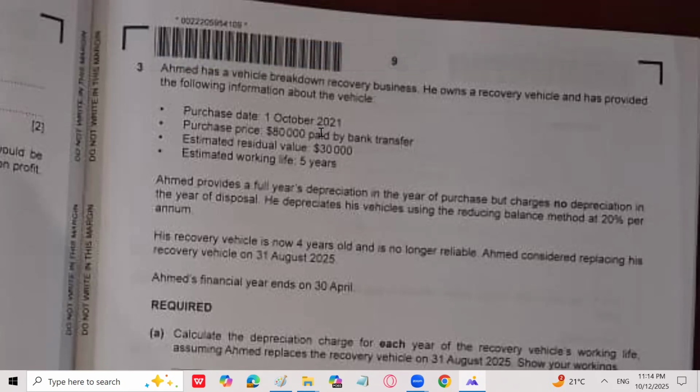Purchase date 1st October 2021. Purchase price is 80,000, paid by bank transfer. Estimated residual value 30,000. And estimated working life is 5 years.